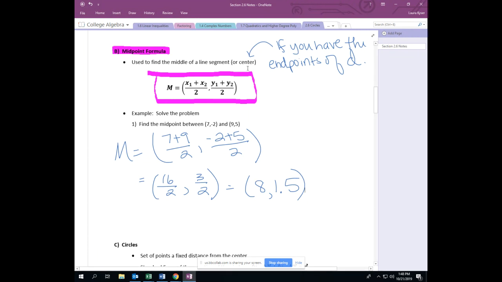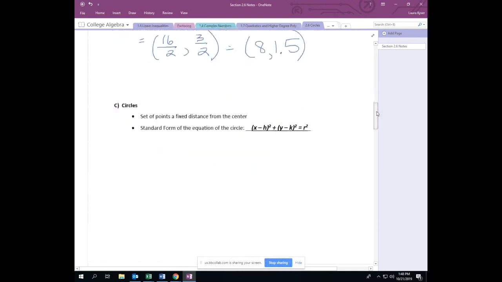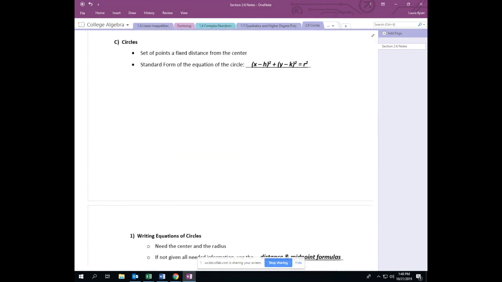All right, so let's apply some of this stuff. Let's talk about equations of circles. So everybody knows what a circle looks like. A circle is a set of points that is a fixed distance from a center point.